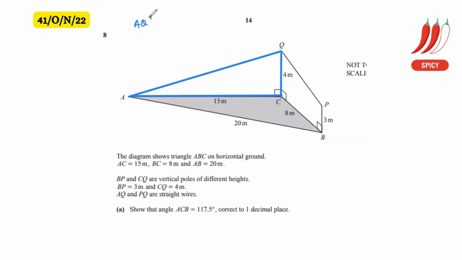So AQ squared equals 4 squared plus 15 squared. Hypotenuse squared equals the sum of the squares of the other 2 lengths. So that's going to be 16 plus 225, and that's 241. Let's square root that. So AQ is 15.52 meters.